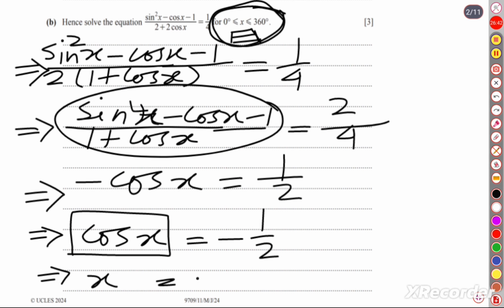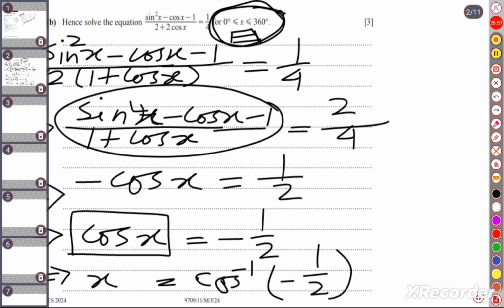So x is equal to cos inverse of negative half. So this is our function. Let me move on to the other page.